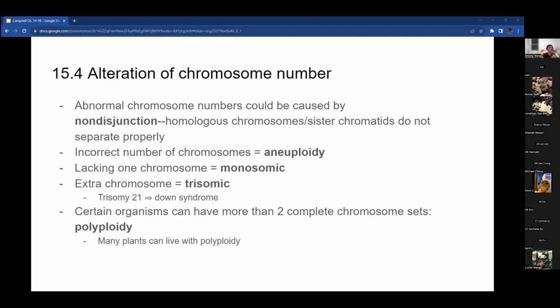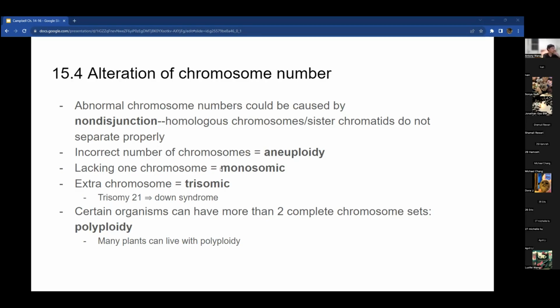And as a result, one gamete will have two copies of a chromosome. The other gamete will have zero copies of that chromosome. This will result in aneuploidy. That's just a definition of having an incorrect number of chromosomes.